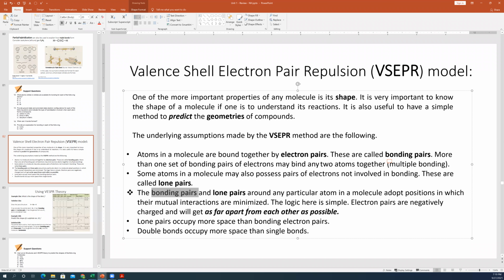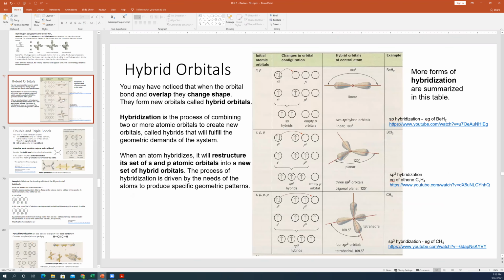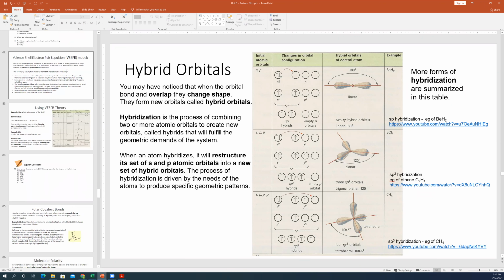They're going to try to orient themselves as far away from each other as possible, in a favorable orientation. Electron pairs are negatively charged, so they want to be as far apart from each other as possible. If you think back to hybrid orbitals and the way electrons occupy them, it's the same kind of idea.